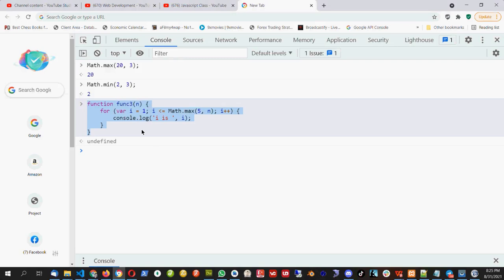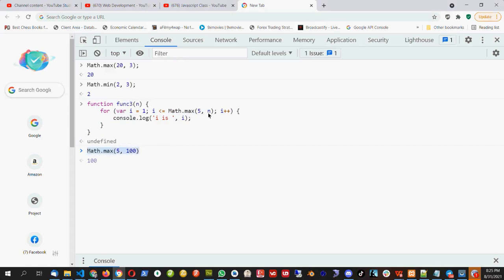You have to consider the worst case. You cannot say, okay, if I pass n as 1, it is O(1). You cannot say like that. It is O(n). Now why is it O(n)? Because if I check Math.max of 5 or n, and I pass, for example, 100, I will get 100.